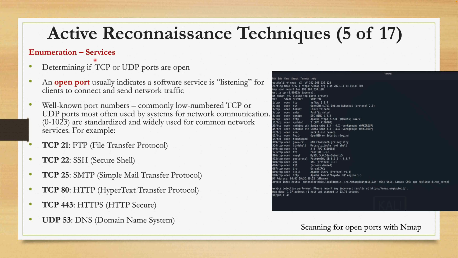When we see an open port, like the ones you see here, this means that a software service is listening for incoming client connections or network traffic, making them valuable entry points for penetration testing. A closed port does not respond to connection attempts. While inaccessible, it can still indicate the presence of a host.